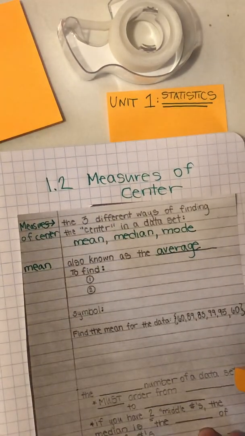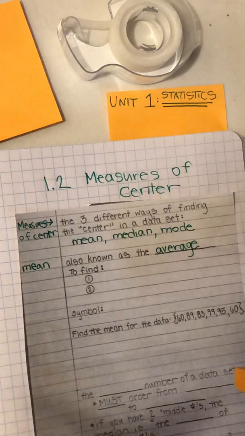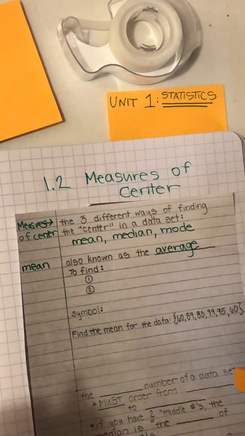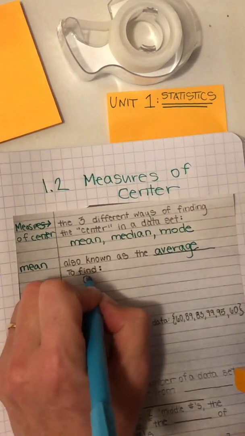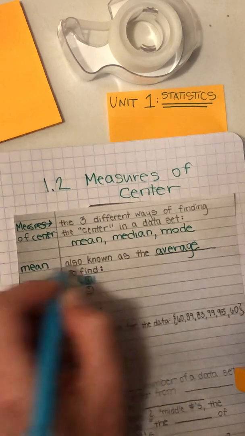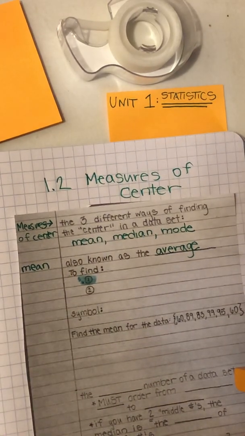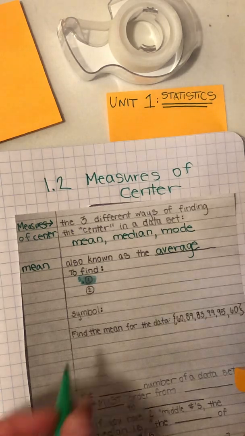So step number 1. I'm going to use a little highlighters for this so then I can coordinate to the example below. Add all the data.